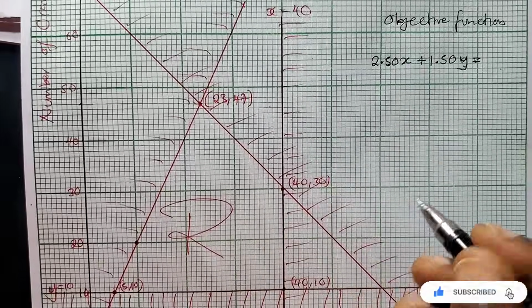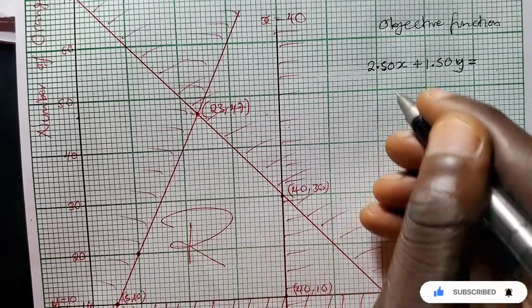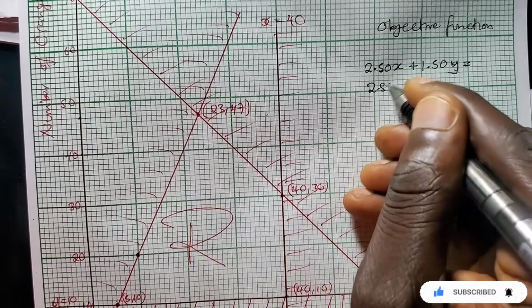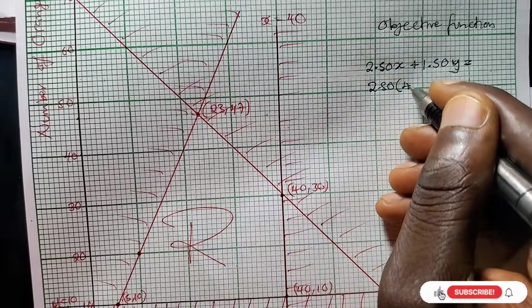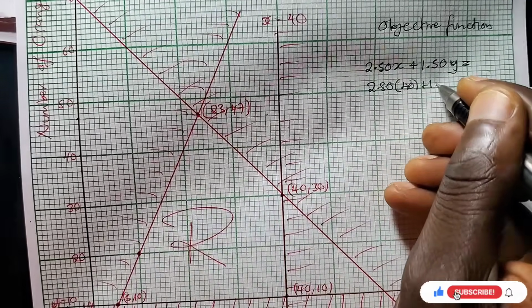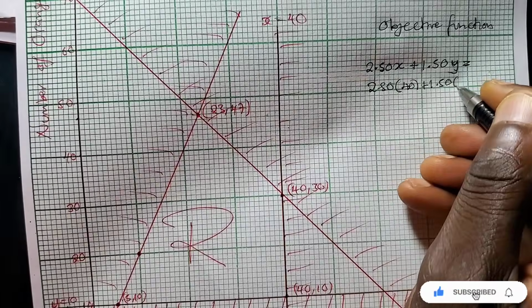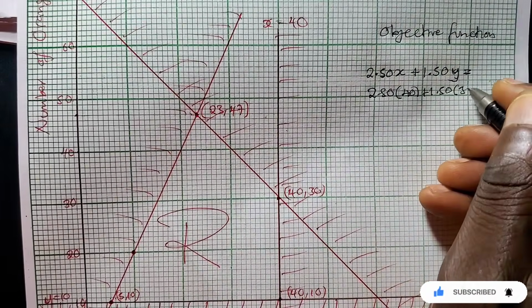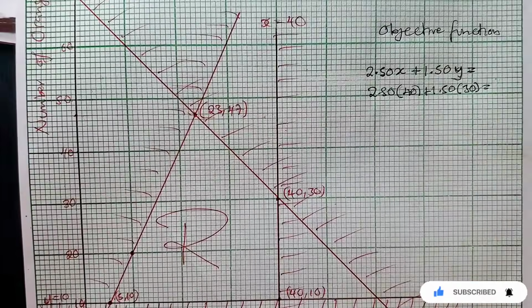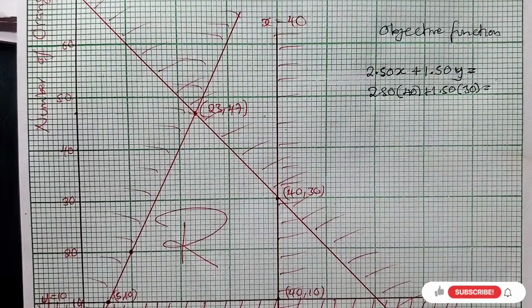So if we try this one it will be 2.50 times the value of x, 40, plus 1.50 times the value of y here, which is 30. So we're going to substitute with 30, and you use a calculator nicely here.